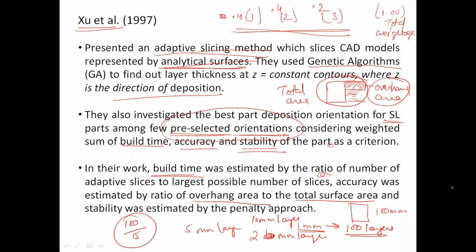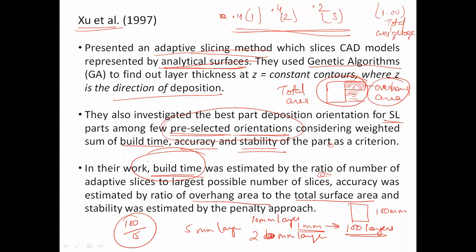So when you don't need a support structure, definitely your build time is going to come down. And when you need a support structure, your build time is going to go up, and the number of slices will also increase. Hence, your build time is also going to go up. Secondly, when your support structure is not needed, the shrinkage factor will be lesser and the dimensional accuracy will be more.